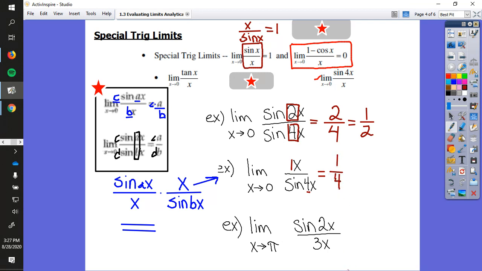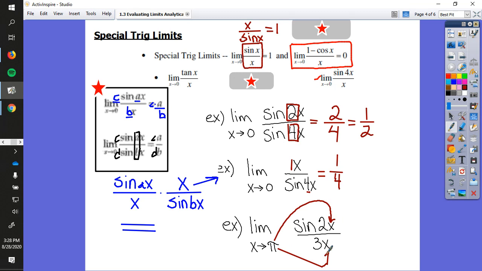Isn't that nice? Okay, looking at the last example, this is a tendency we have as students, especially in AP, that we want to go very quickly. And so I get a lot of students that want to put 2 over 3 as their answer. And 2 over 3 would be a great answer if x was approaching 0. So don't get so in a hurry, okay? It's one of those be quick but don't be in a hurry type of things that we neglect to try the direct substitution.